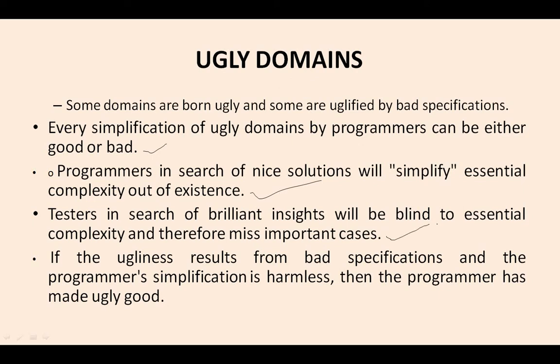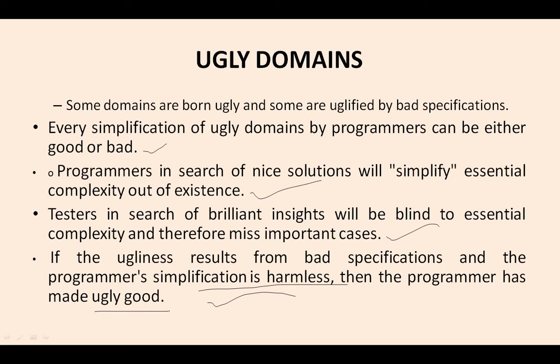Whenever complexity is there, some of the important cases will be missed. If the ugliness results from bad specifications and the programmer's simplification is harmless, then the programmer has made ugly good. Whenever it is not complex and he made the simplification, it becomes nice.